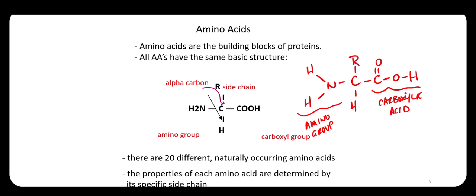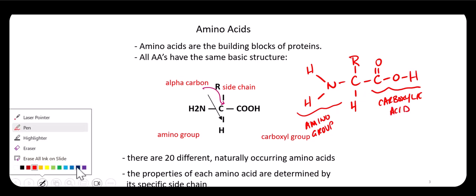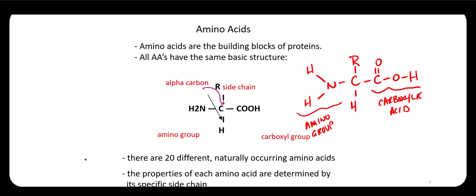The amino group and the carboxylic acid are functional groups. We'll come back and talk about what functional groups are. What they are is a name for a particular arrangement of part of a molecule. So like here, rather than saying over and over, I have a carbon double bonded to one oxygen, single bonded to another, which is single bonded to a hydrogen, I'll say I have a carboxylic acid.